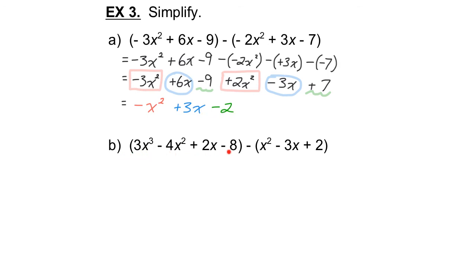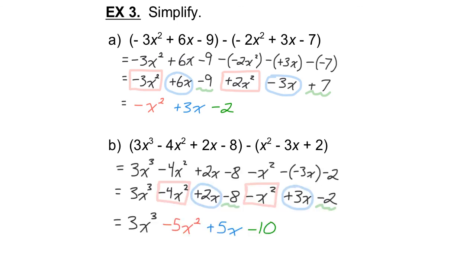See if you can simplify this expression. Pause the video and try it. Once you simplify the double negative here, just find your like terms. 3x cubed doesn't have any like terms, but the x squareds are like terms with each other.